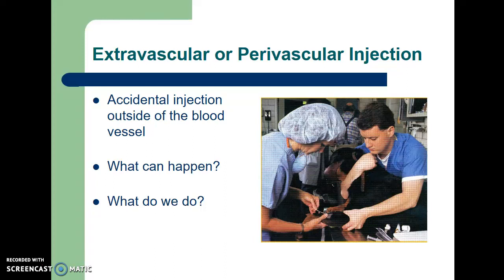There is no honor in not disclosing that you have gone outside of the vein. If you see a bleb around the area that you've injected, you've gone outside of the vein. It's really important to let your veterinarian know. And the next thing that we do is typically get some sterile saline and inject that around the site.